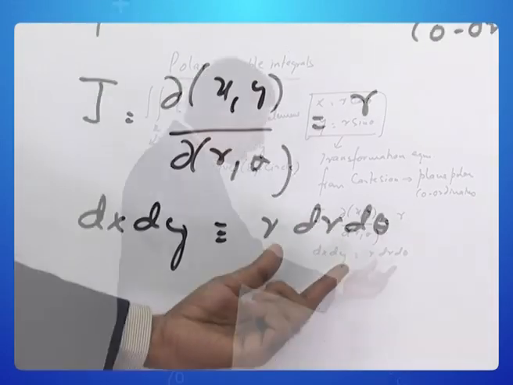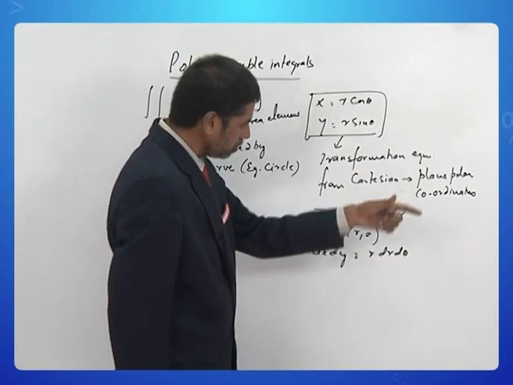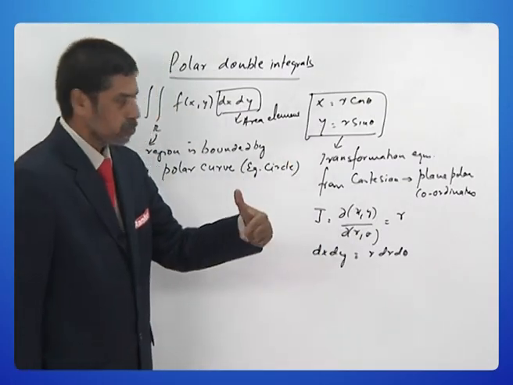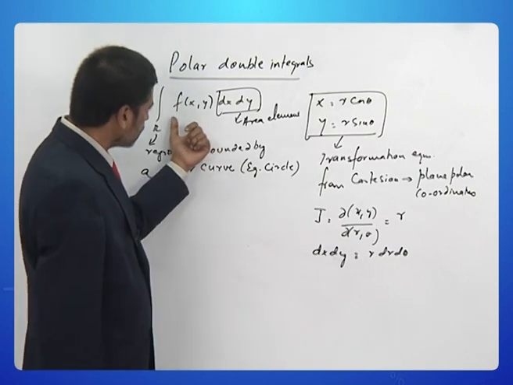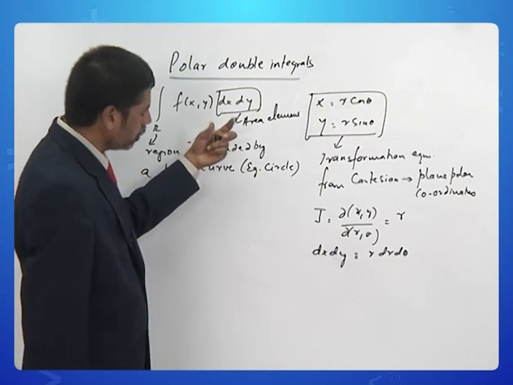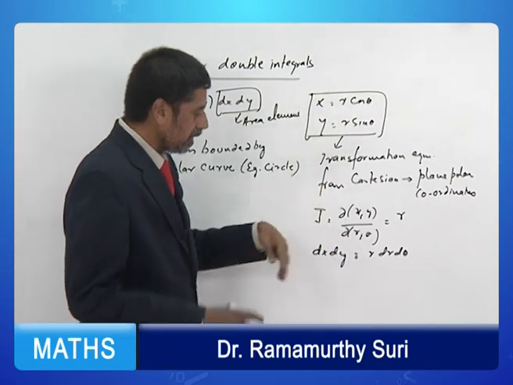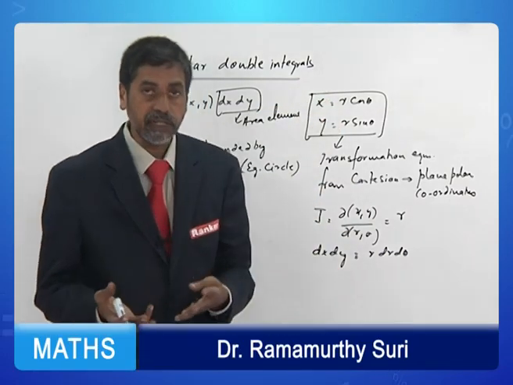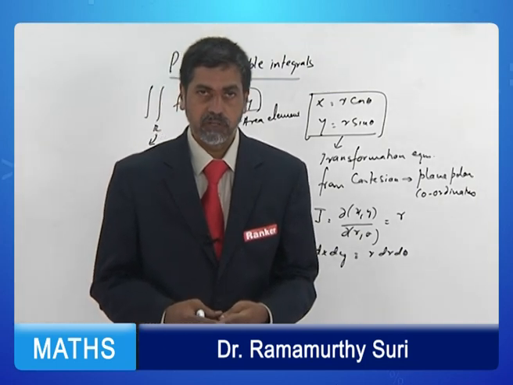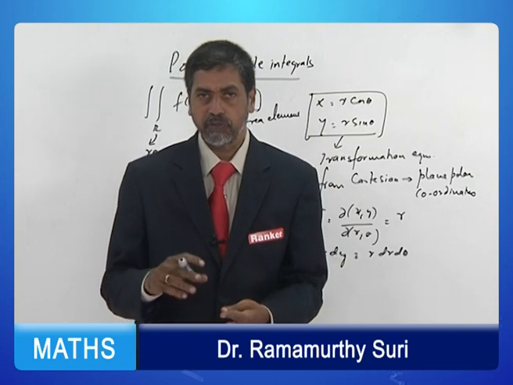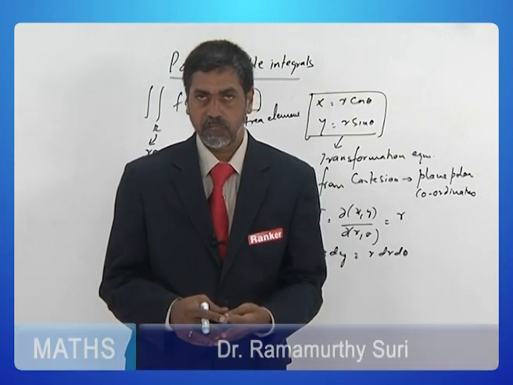This will be the area element in the polar system. This is the area element in the Cartesian system. So therefore, you will convert this Cartesian double integral into a polar double integral using this information, and then integrate with respect to r and theta as limits. So the xy system is being taken away and we are moving to the r theta coordinate system.